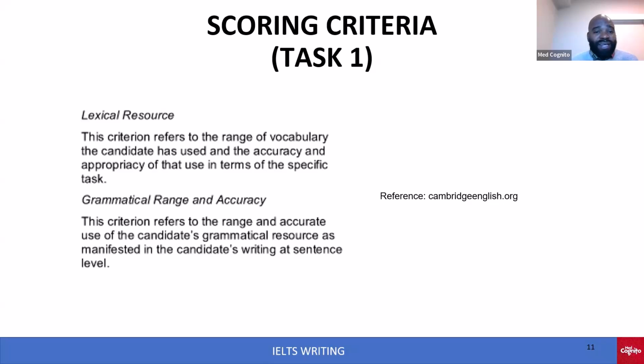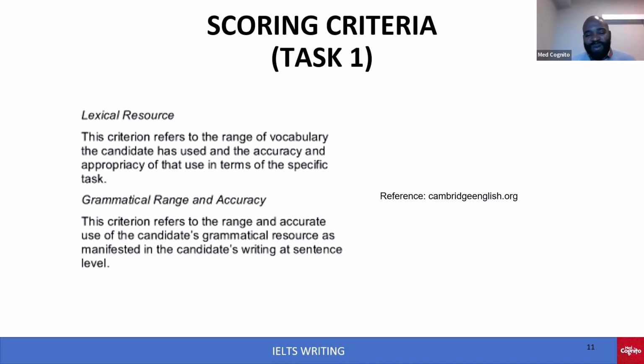And then the final scoring criterion, grammatical range and accuracy. Now, this criterion refers to the range and accurate use of the candidate's grammatical resource as manifested in the candidate's writing at sentence level. And so this is looking at your grammar, the range and the accuracy. So, for example, you would have to use a variety of sentences, simple, complex, compound sentences.